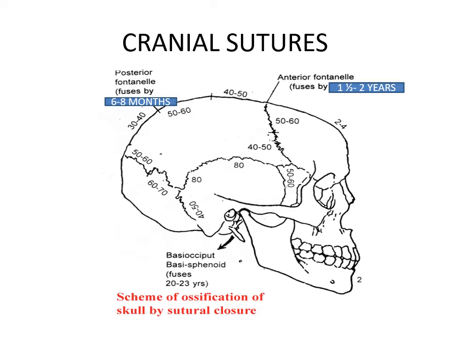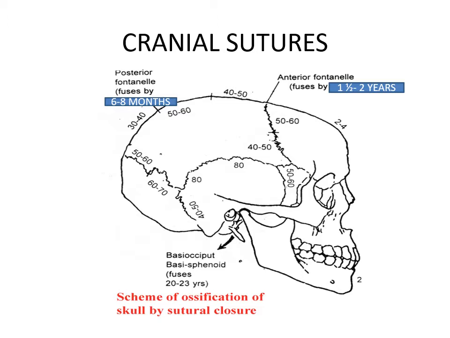So now coming into the cranial sutures, we have mainly sagittal, coronal, and lambdoid sutures, and one such suture, the metopic suture, in between the two frontal bones, which usually closes by 2 to 4 years.